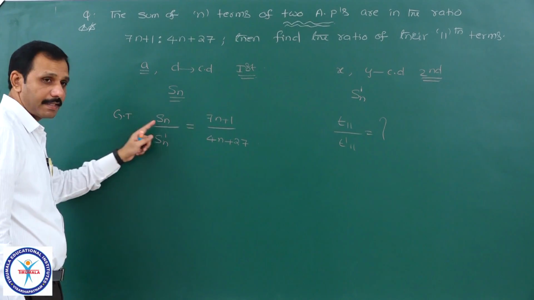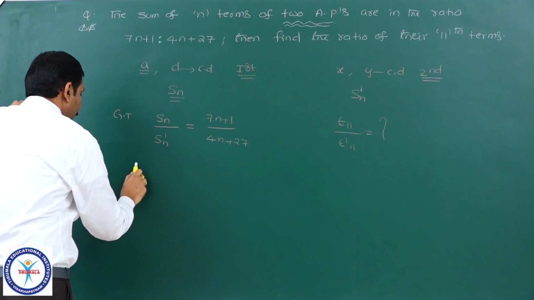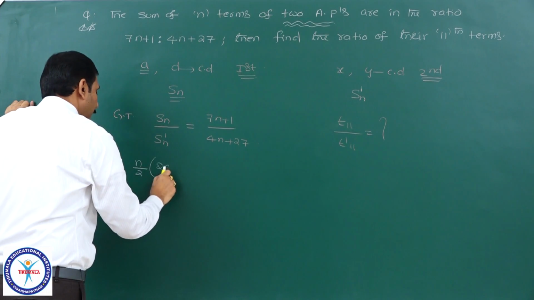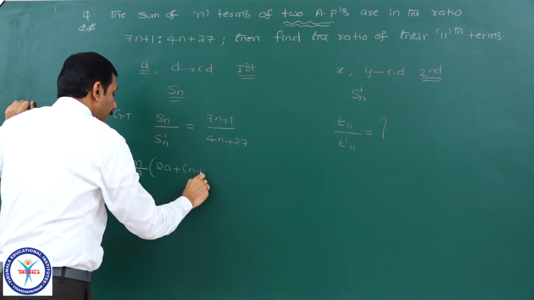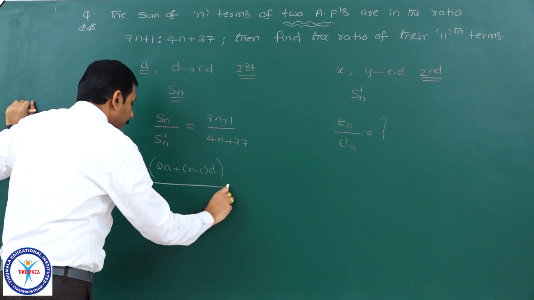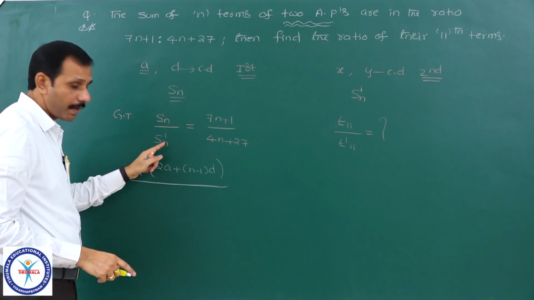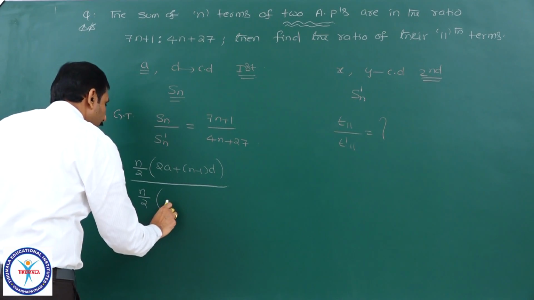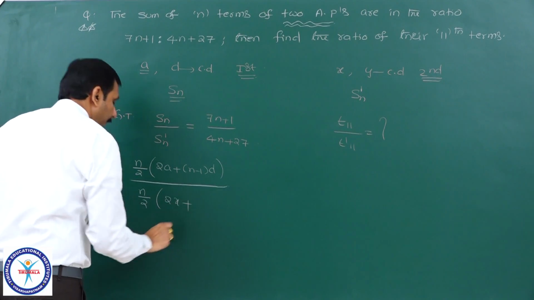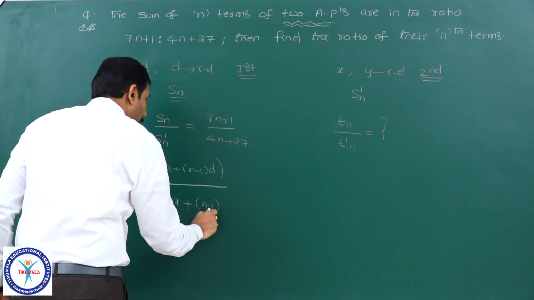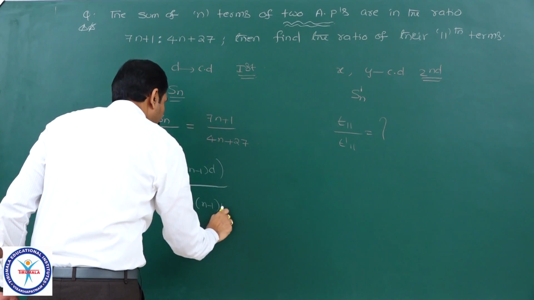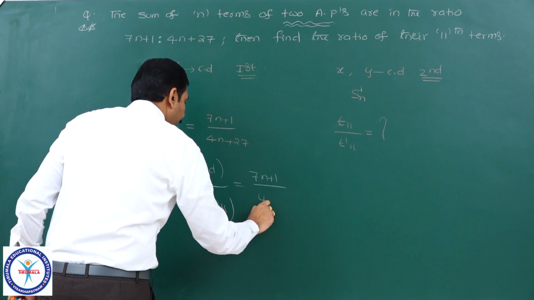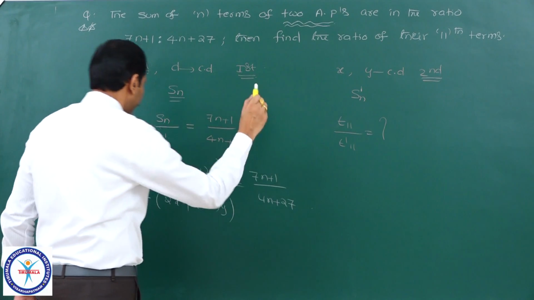So here, what is Sn? It is n by 2 into (2A plus (n minus 1) into d), divided by the sum of n terms of the second AP, which is also n by 2 into (2x plus (n minus 1) into y), equal to (7n plus 1) by (4n plus 27).